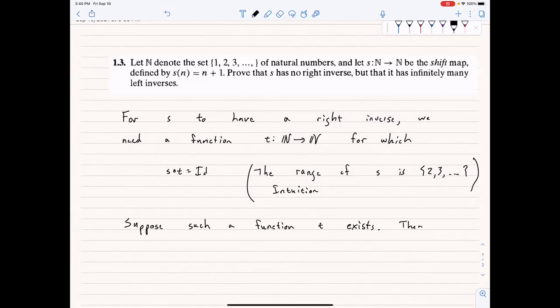Then S of T of 1, pardon me, 1, equals 1, because this is the identity, which is equal to T of 1 plus 1.